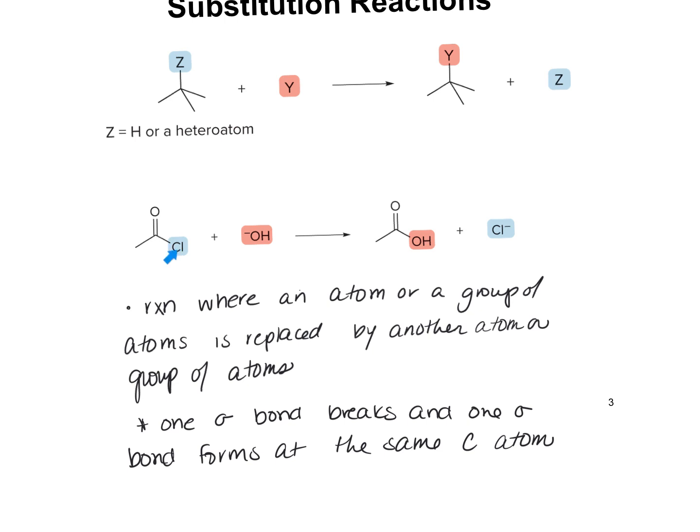Here's an example with a halogen. We have a hydroxide group here. It comes in and attacks this carbonyl carbon, and it replaces the chlorine there. And so the hydroxide group substitutes in for this chlorine.